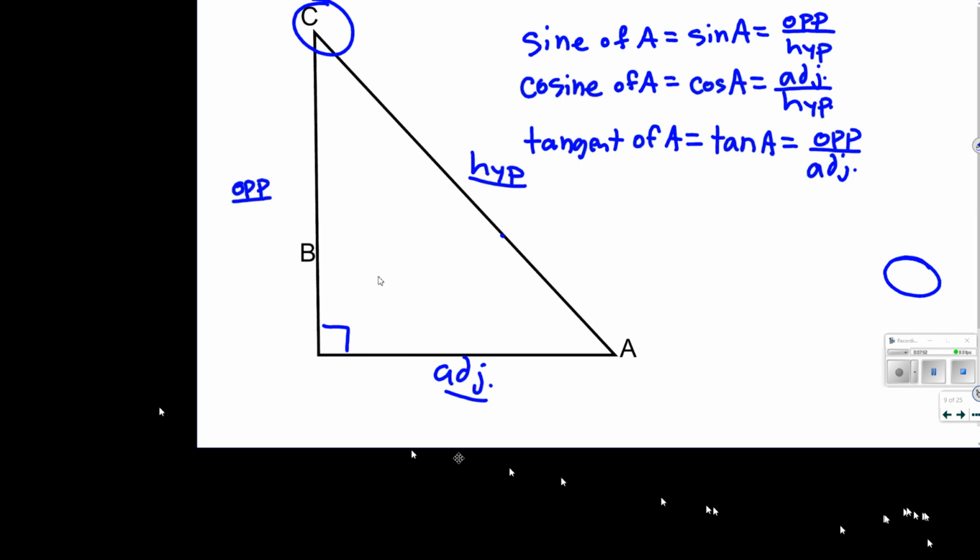This side is still the hypotenuse, but the side down here is no longer the adjacent side. This side up here becomes the adjacent side, and the other side now becomes the opposite side. We call these the reference angles. If I'm using angle C or angle A, that changes which side is the opposite and the adjacent side. So keep that in mind as we go through these examples.